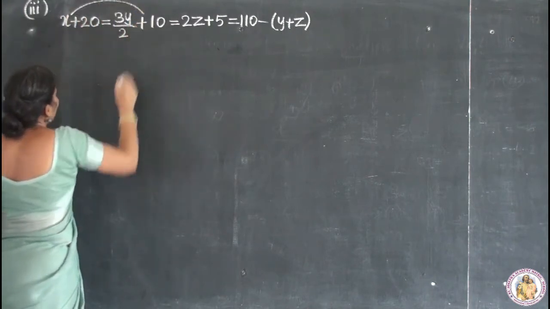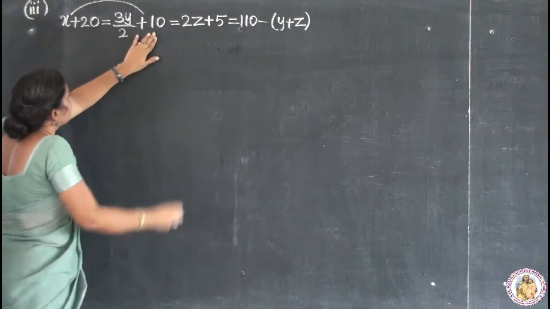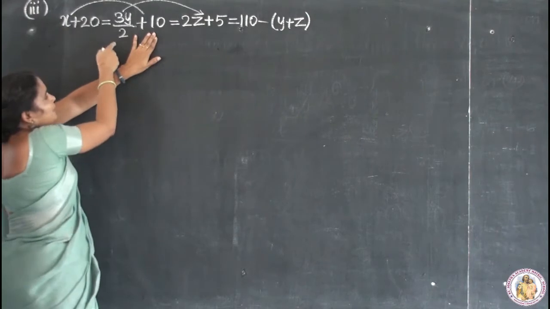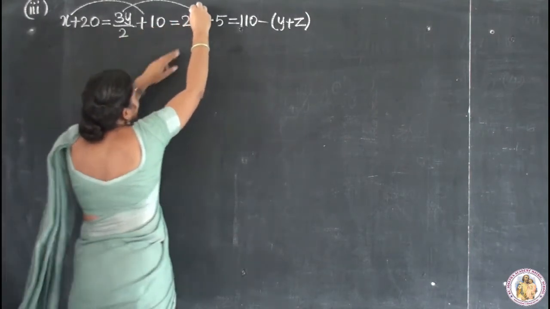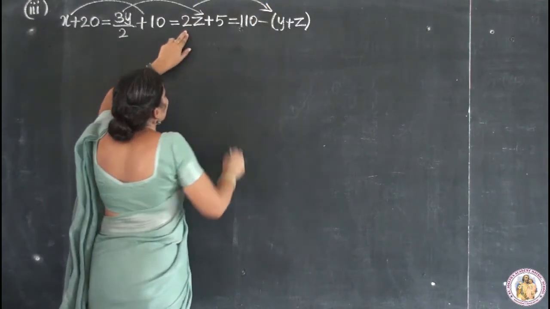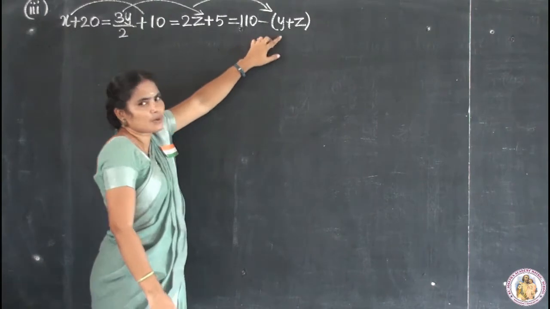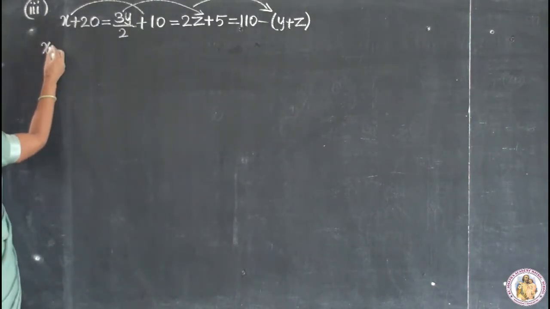First of all you take x plus 20 is equal to 3y by 2 plus 10. Then again you take 3y by 2 plus 10 is equal to 2z plus 5 and again take 2z plus 5 is equal to 110 minus y plus z. So now let us move on to the solution.